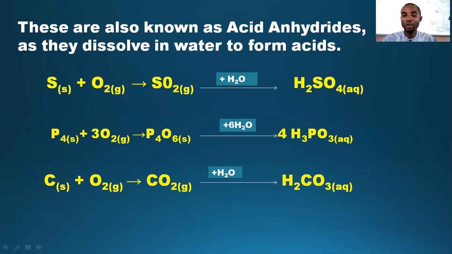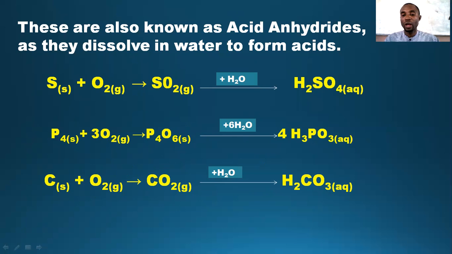And here, this one is trioxophosphate 2 acid. This is trioxocarbonate 4 acid. And these are just acids. These are acids that they form from the acid anhydrides. That is one of the chemical properties or behavior of that.